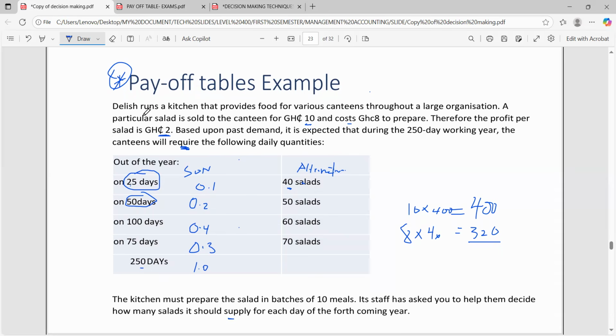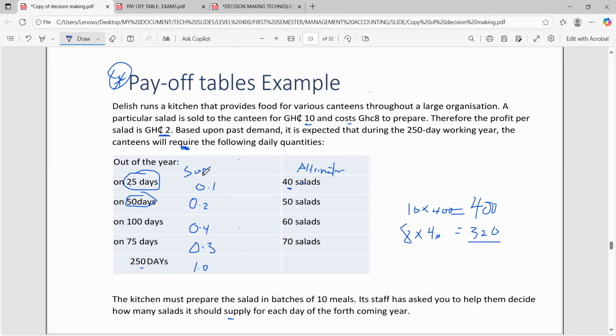Based upon past demand, it is expected that during the 250-day working year, the canteens will require the following daily quantities. So on 25 days, they need 40 salads. On 50 days, they need 50 salads. On 100 days, they need 60 salads. On 75 days, they need 70 salads.